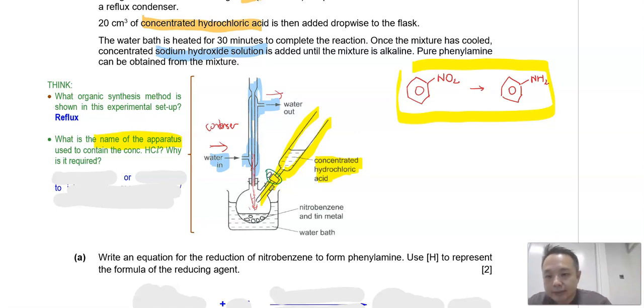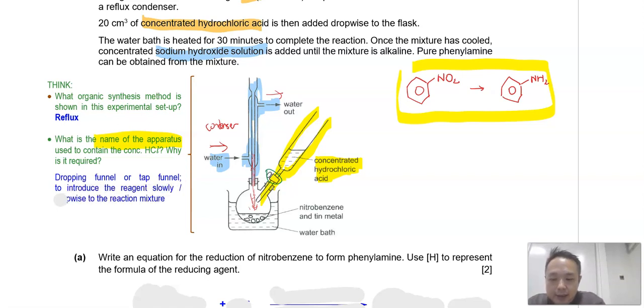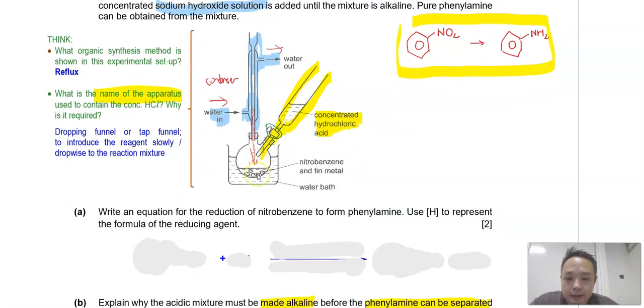This is also known as a tap funnel or dropping funnel. It allows for us to have reagents addition to the reaction mixture in a very slow and controlled manner. Okay, so you will see this picture again in your lab manual. Alright, so you guys can familiarize yourself with some of the techniques that we use for organic synthesis.